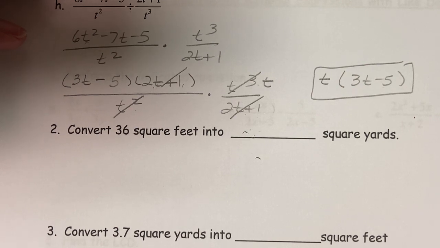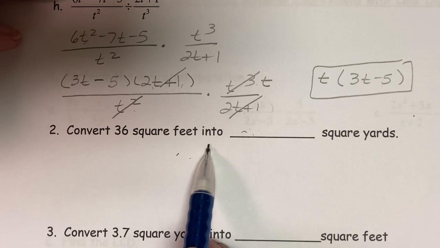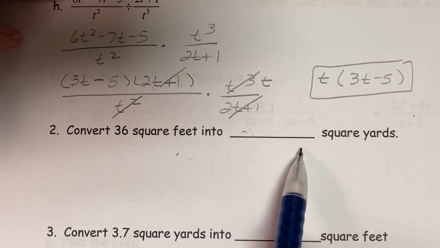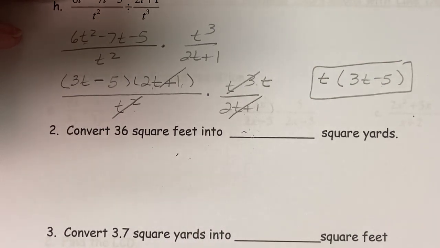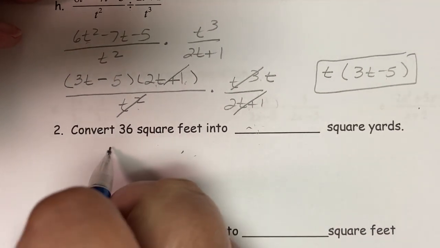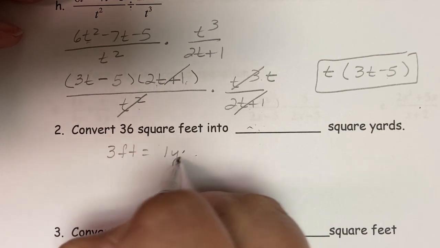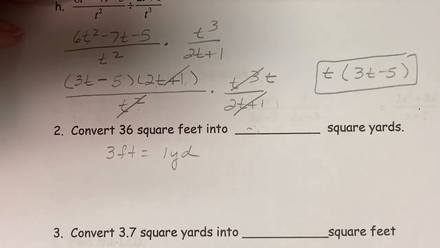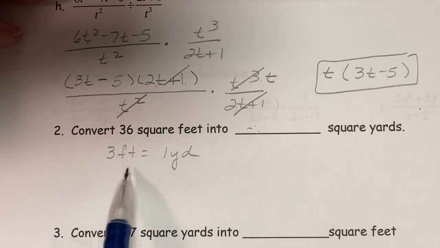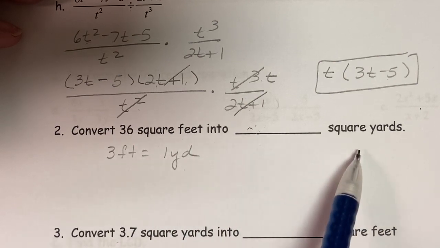So here we go. It says convert 36 square feet into square yards. So the first thing that we have to remember is that there are 3 feet in 1 yard. So hopefully you remember that. Now we're not talking about feet and yards, we're actually talking about square feet and square yards.